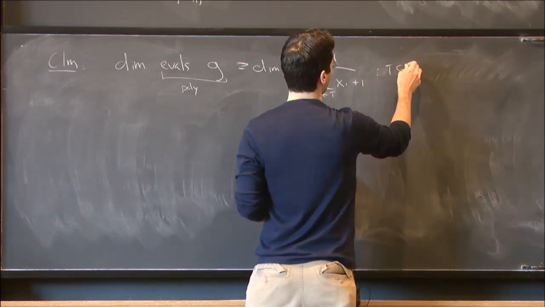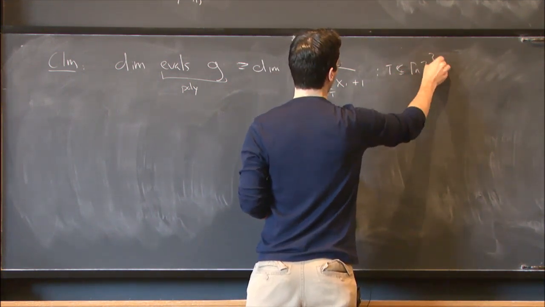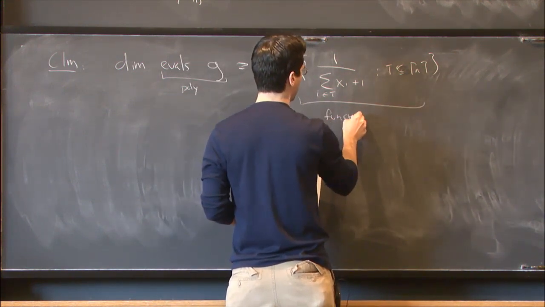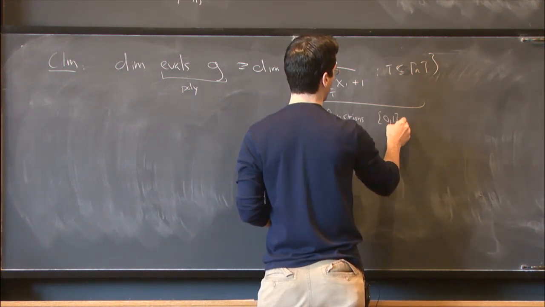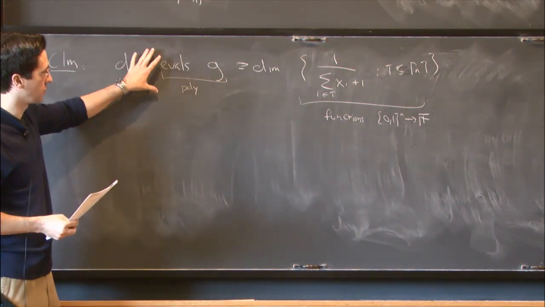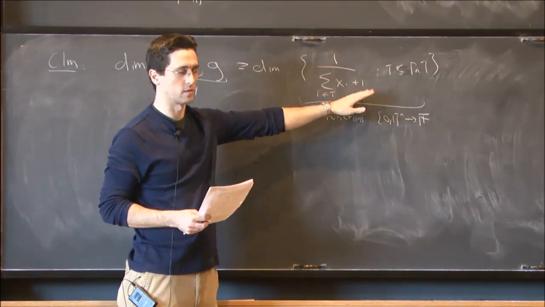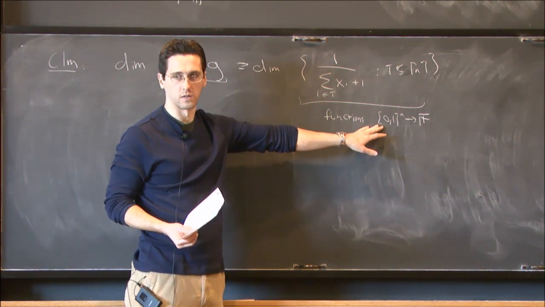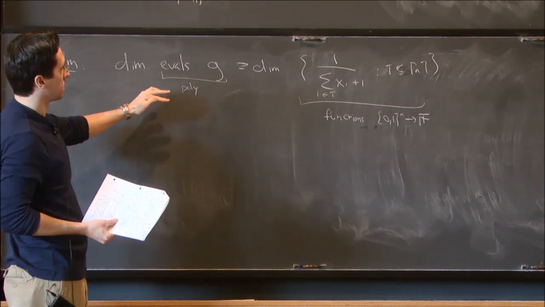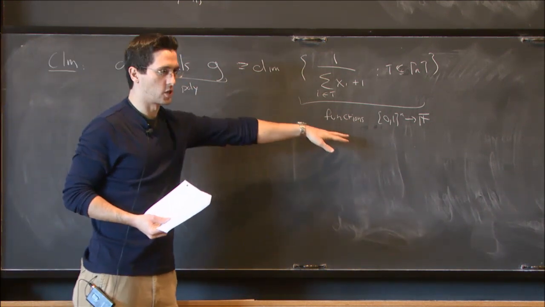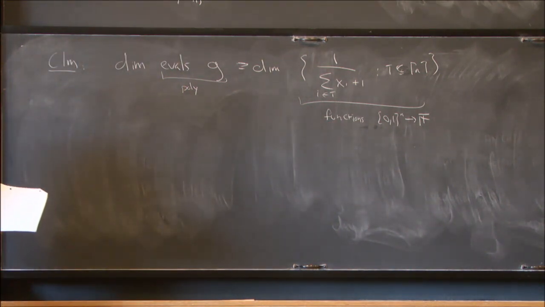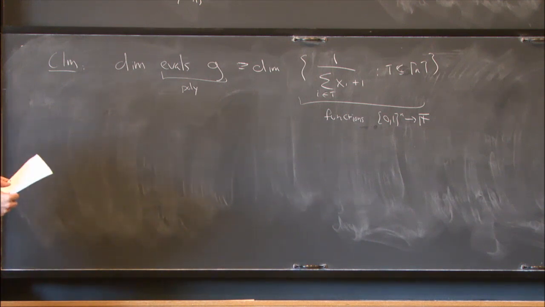This is a space of functions from 0, 1 to the n to the field. I want to say the dimension of the polynomials is at least the dimension of the space of functions. The way to see this is that the evaluation map from a polynomial to a function is linear, because it's an evaluation map. This is something you have to do in the privacy of your own home, but it's true.